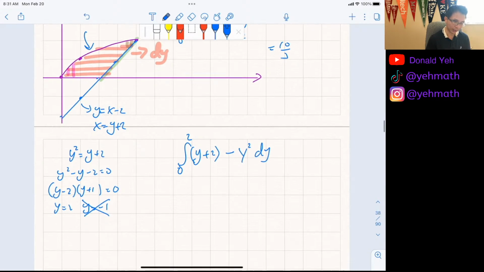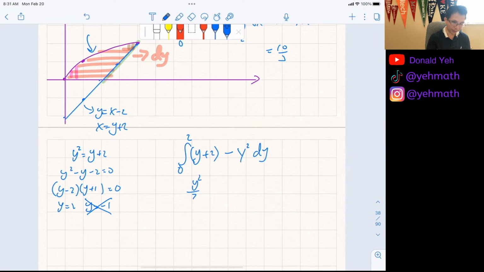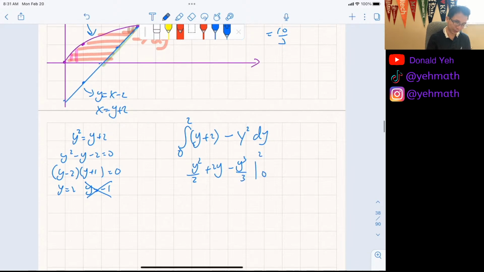See how easy this is? This is only one integral. So it's y squared over 2 plus 2y minus y cubed over 3, between 0 and 2. I just have to plug in one number. So 2 squared is 4, divided by 2 is 2, plus 4 minus 8 over 3.